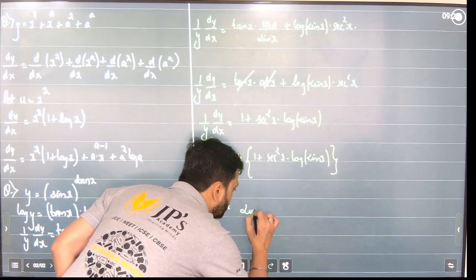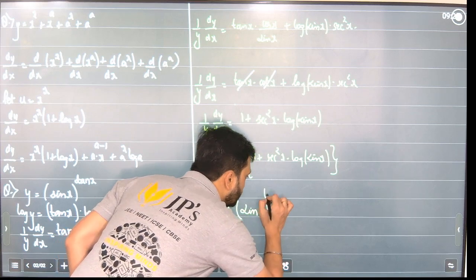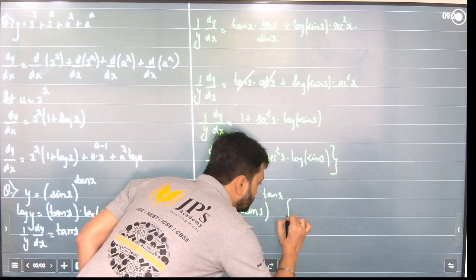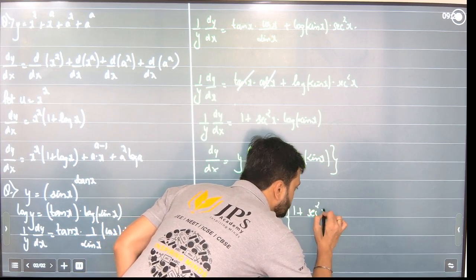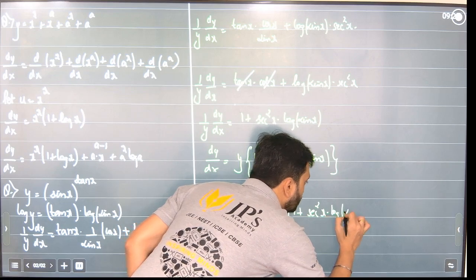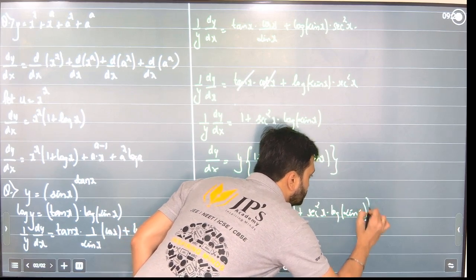So this will become sin x raised to tan x into 1 plus sec square x into log sin x.